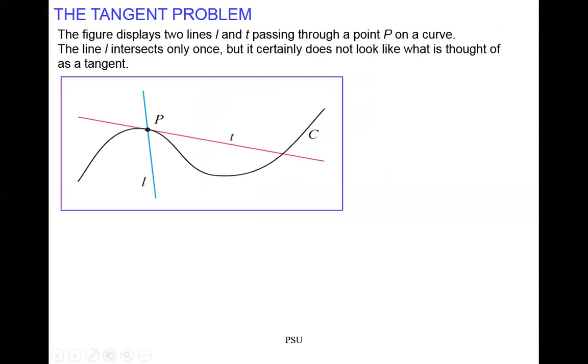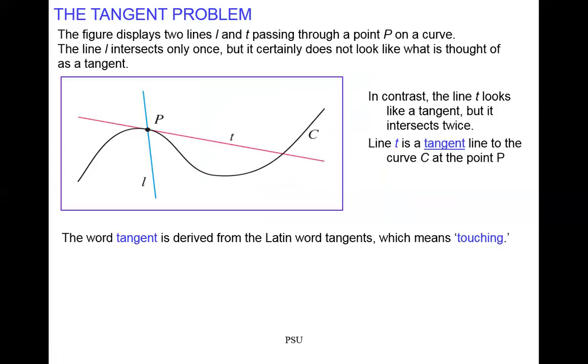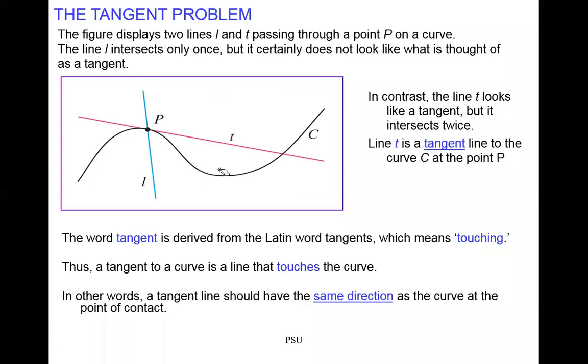On my next slide, I can show you the entire slide. Let's look at the curve C, and let's look at the blue line L. Do you think this line is a tangent line? It's intersecting once, but no. I can definitely see that you have the feeling of what exactly tangent means.